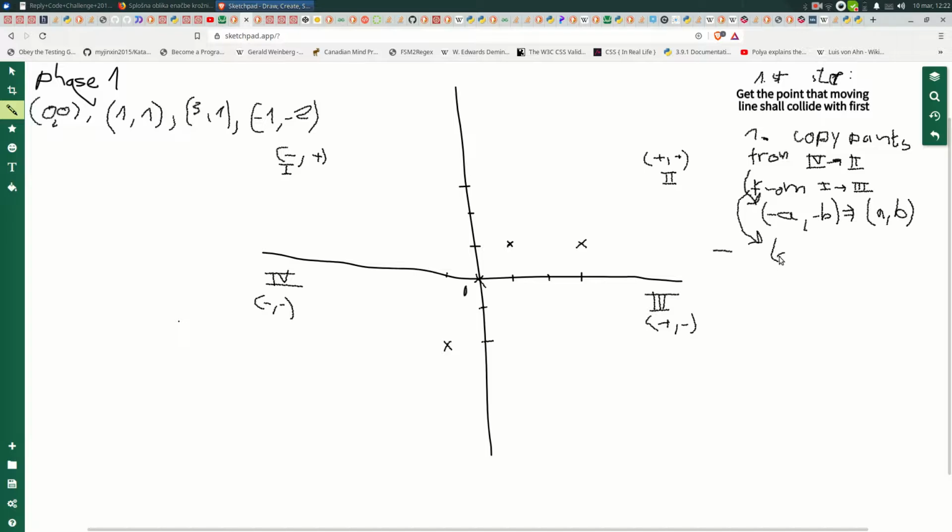So if we got minus a and b, we turn that, and minus can be like less than 0, or more than 0 for plus. This is turned to plus a and minus b. So first we move that.